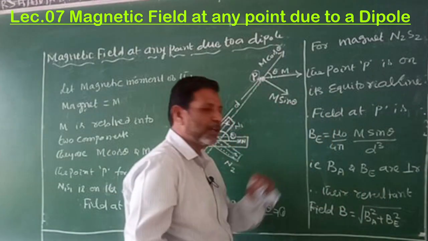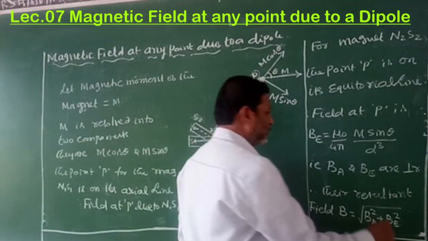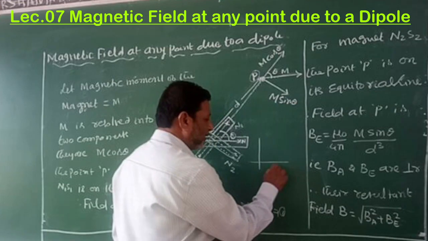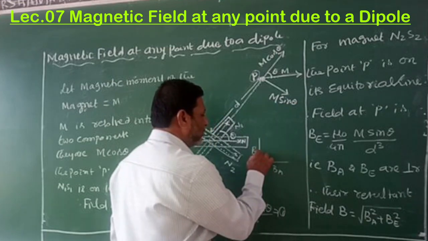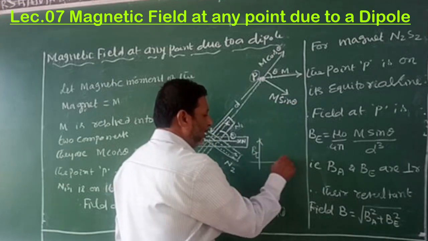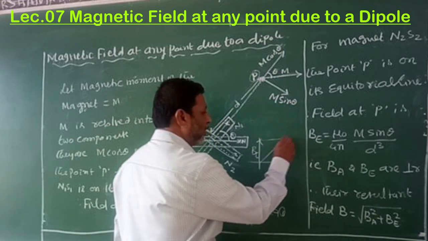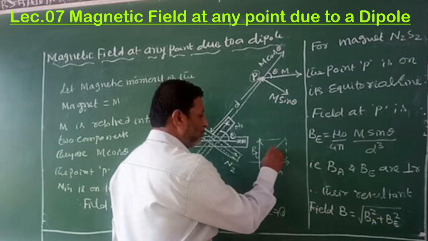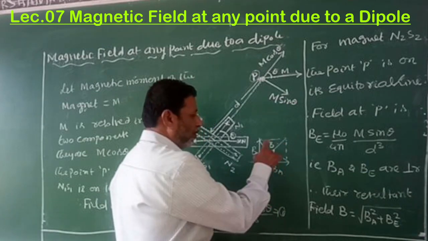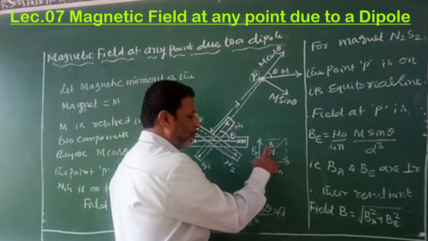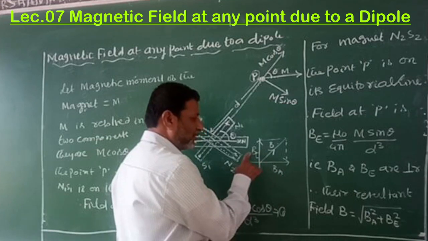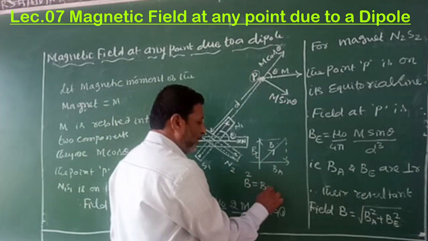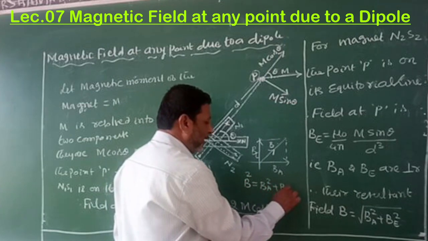If they are perpendicular to each other, let us consider this is BA and this is BE. Then the resultant of these two is given like this. This is a right angle triangle, and the resultant of these two is B. Now B square is equal to the square of this plus the square of this, that means B square is equal to BA square plus BE square.